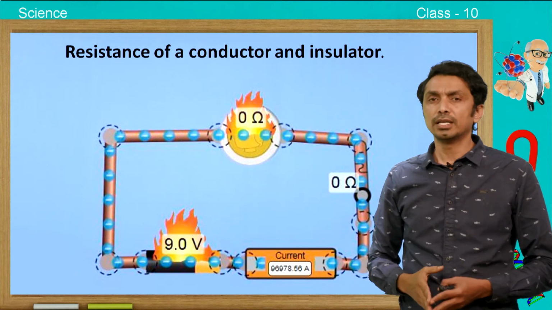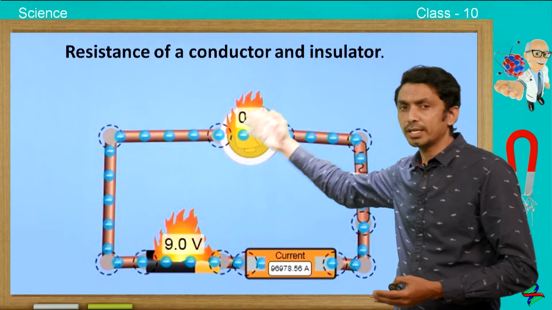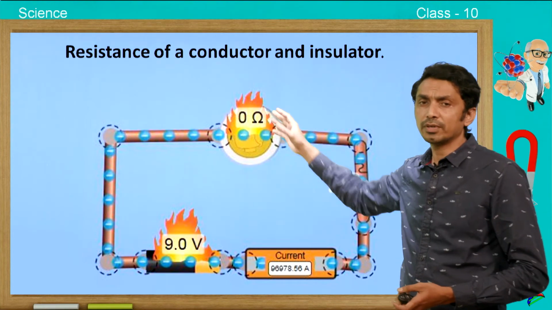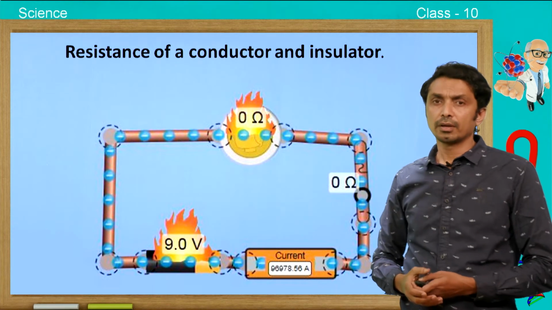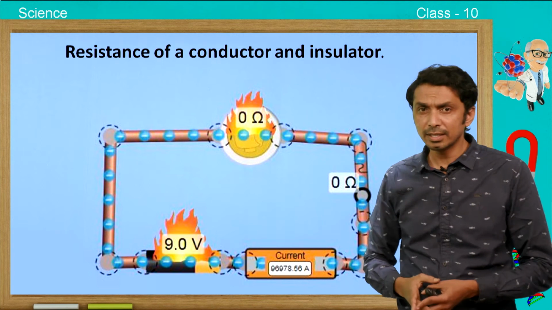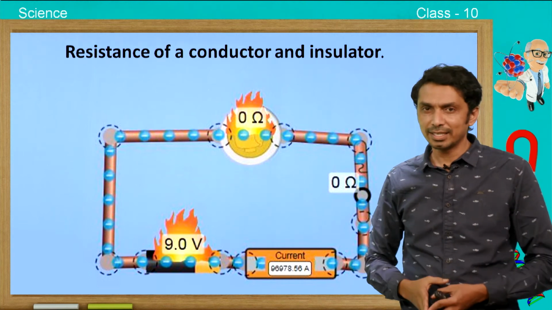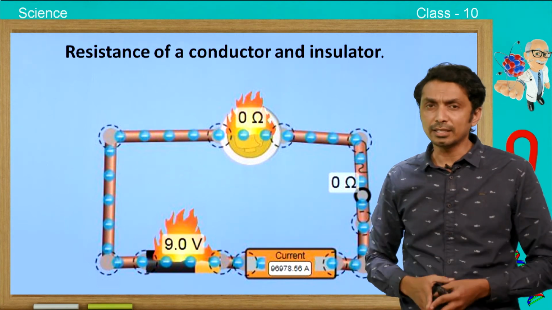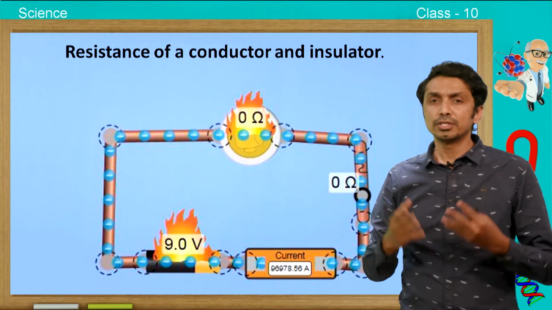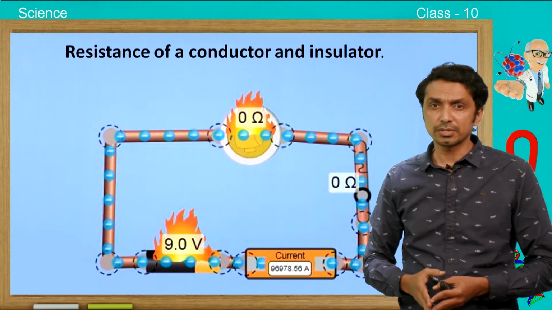We observe that charges flow or the electrons flow when there is one type of specific material. What do we call these type of materials where charges flow very easily? Yes, you are right. You answered it correctly. It is a conductor. That means it conducts charges or electrons or electric current.